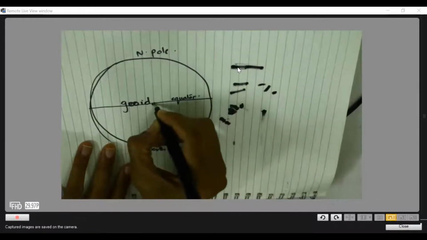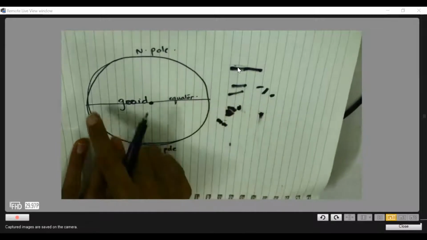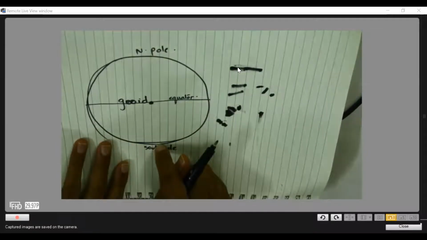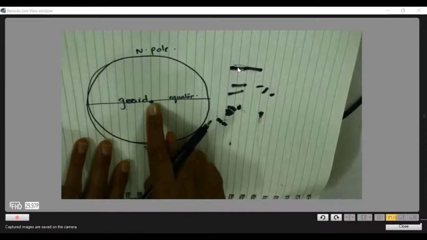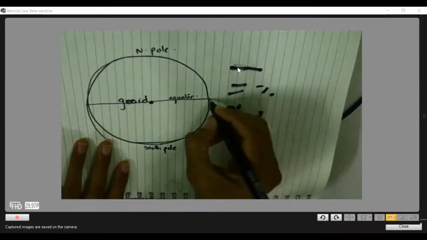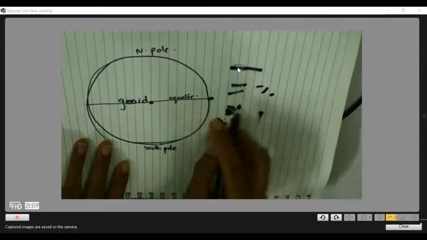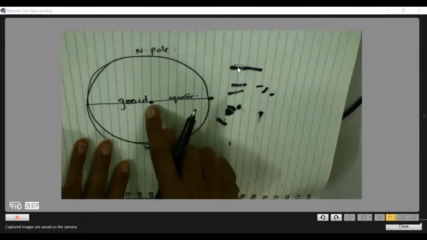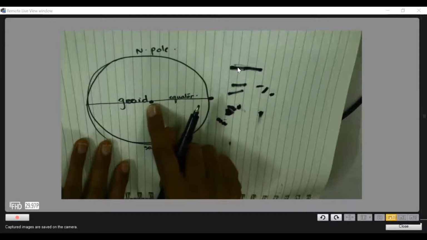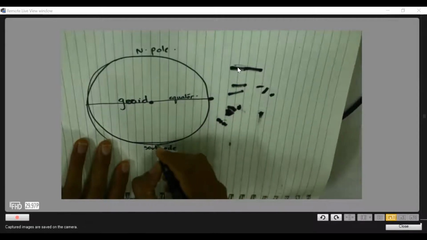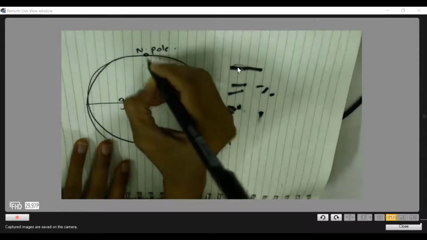So this is the center. Because of this bulging and this compressing, the north and the south poles are closer to the center compared to the equator. Any point on the equator is farther away, so the distance is greater compared to a point on either of the poles.